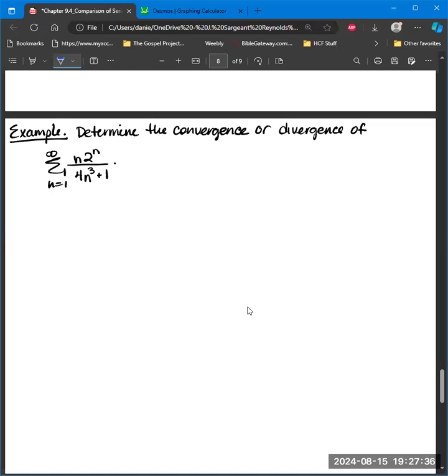So let's come up with a Bn that we are sure that we know what it's going to do. And we may know what it does because of p-series, geometric series, integral test, anything. So let's try a limit comparison test here.